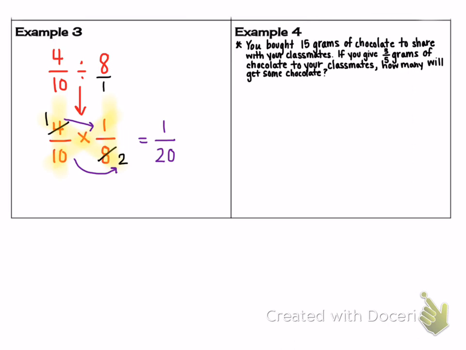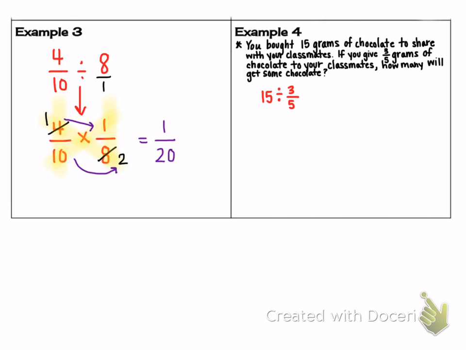Are we taking 3/5 grams and dividing that into 15 equal pieces? Take a second to think about that. Okay, so we have in total 15 grams. We want to see how many 3/5 pieces will fit in 15 grams. Those are the number of people that you can give chocolate to.